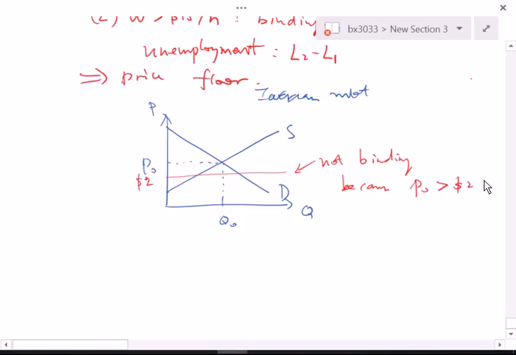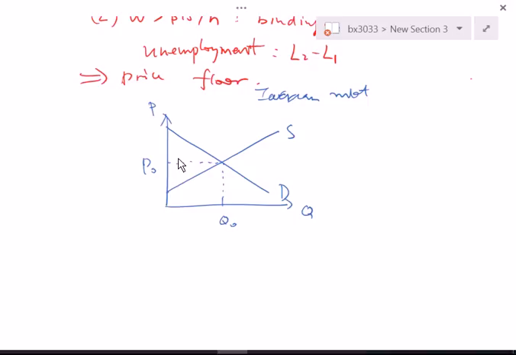Sorry, I made a mistake, so ignore my previous arguments for the price setting. I'm going to repeat now.